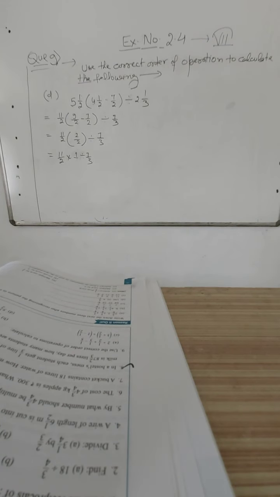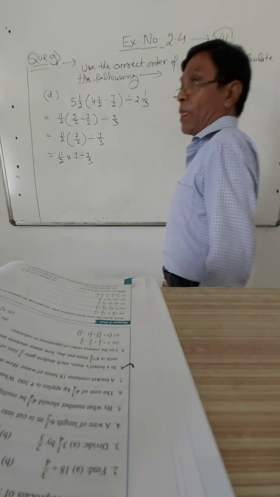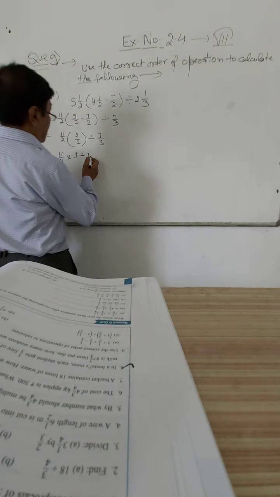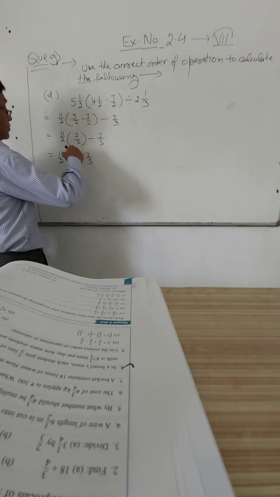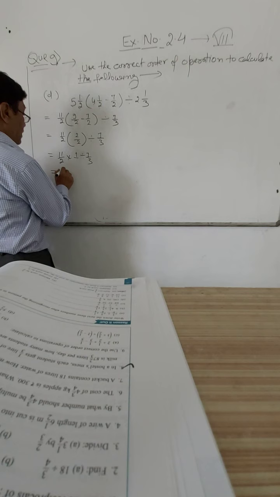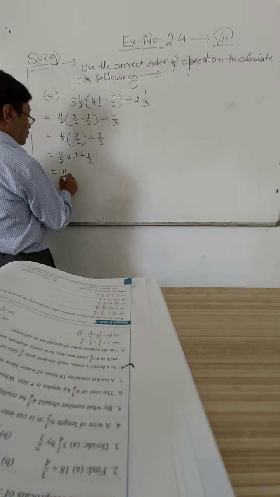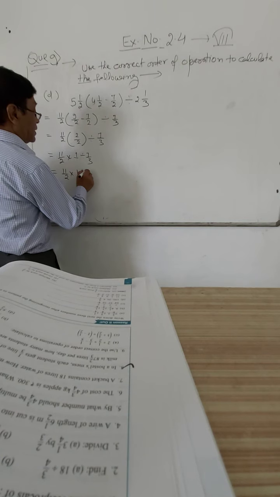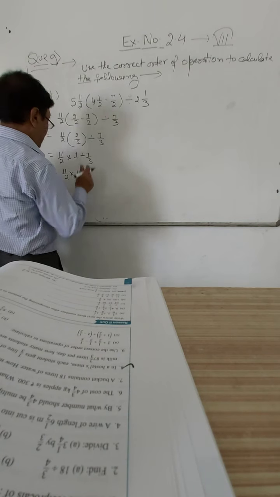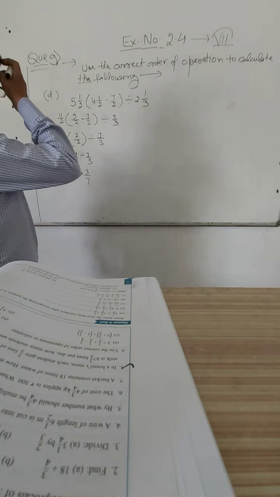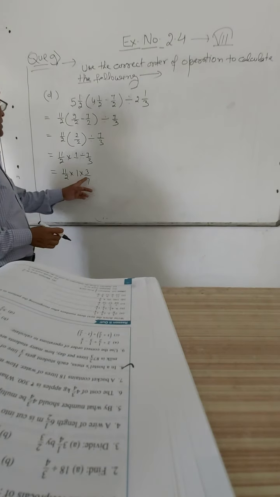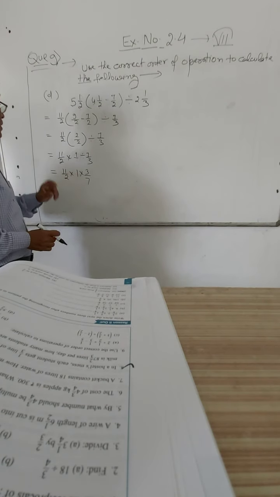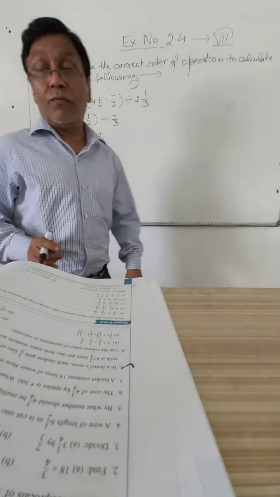Out of this, first we will solve this. 11 by 2 into 1 multiplied by 3 by 7. Can we cancel anything? 2, 3, 7, 11, no. So 33 upon 14.